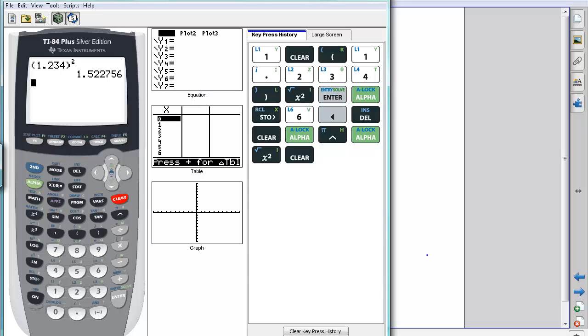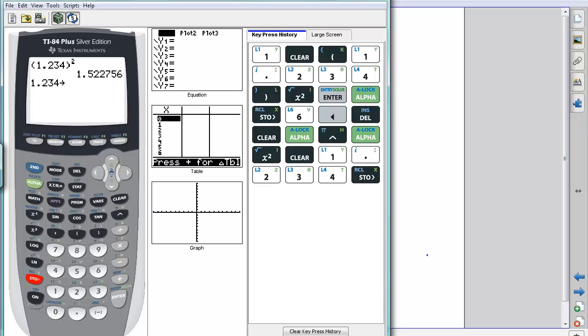So say I want to do an x squared, where x is 1.234. First thing I need to do is tell the calculator that x is 1.234. The way I do that is I type in my x value, and then there's this store button, like a little arrow, and I want to tell it that 1.234 is stored as x.